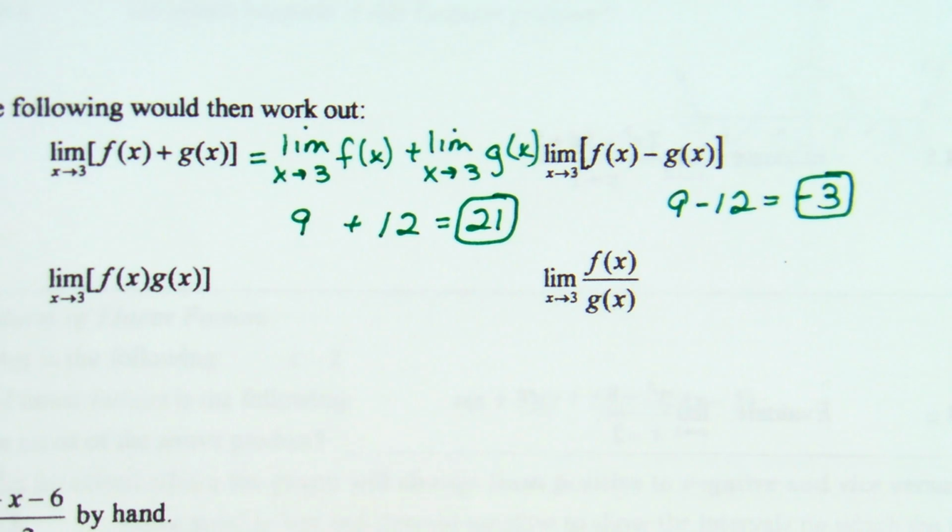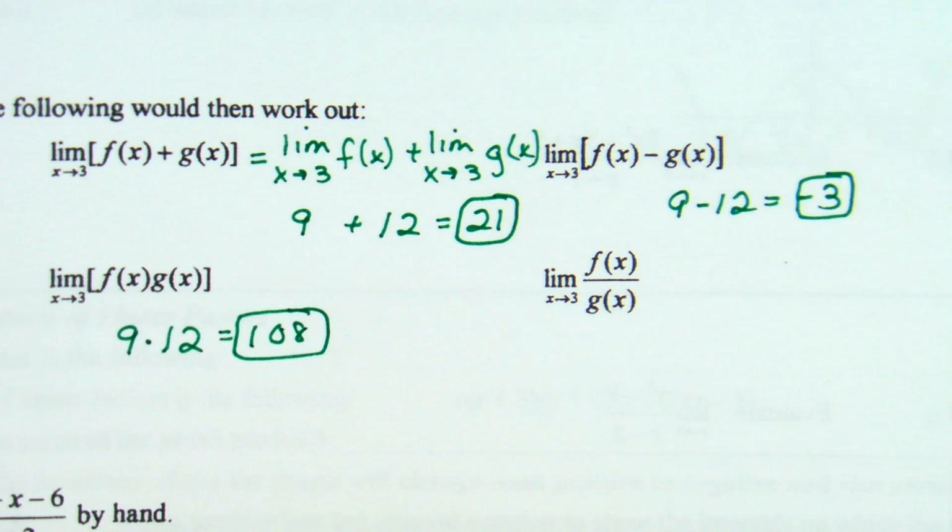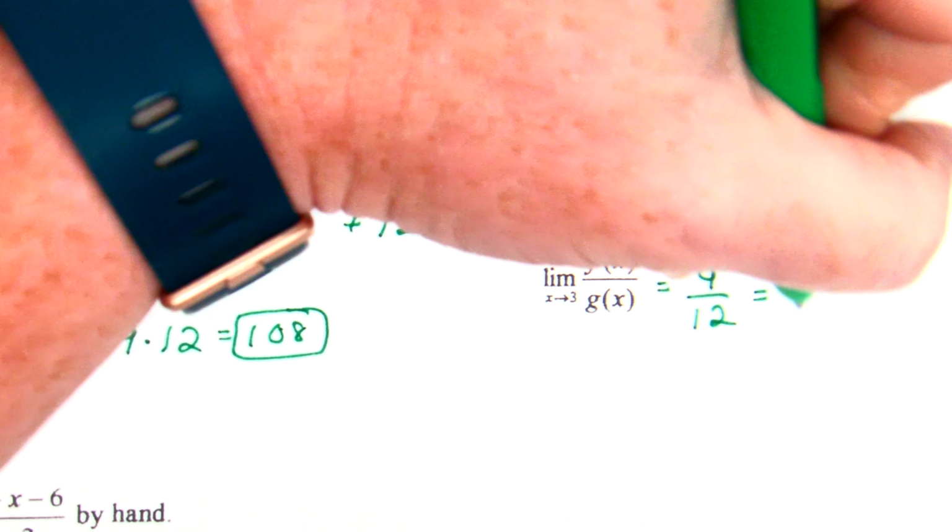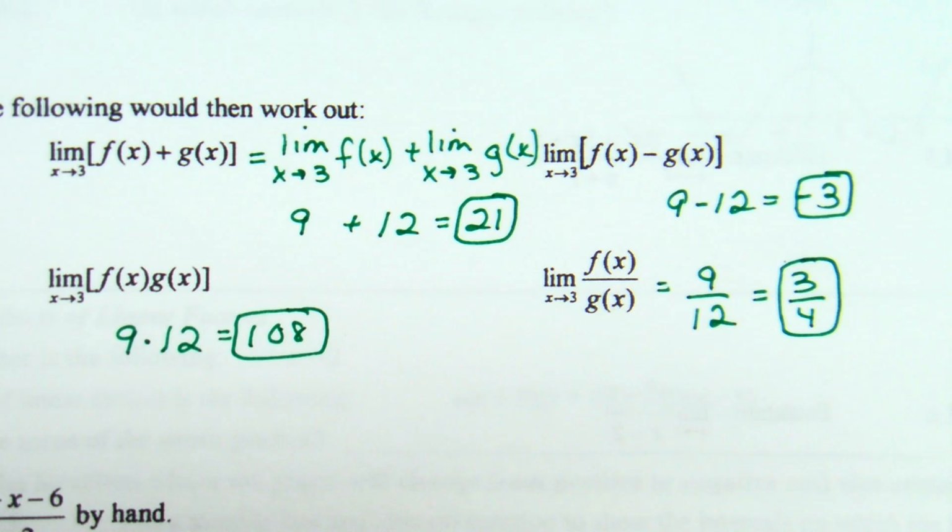And 9 times 12 is 108. Division, the limit of f divided by g, I can do the limit of f divided by the limit of g. Nine over 12 can reduce to 3/4.